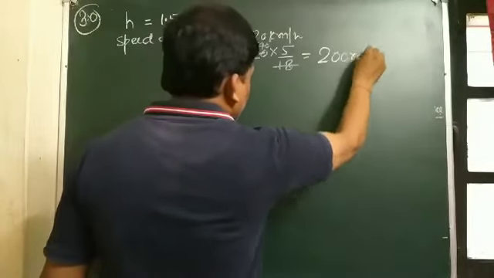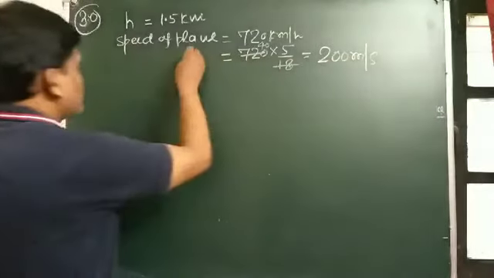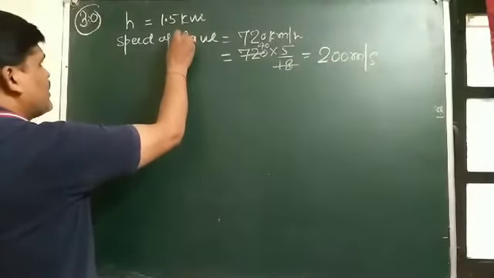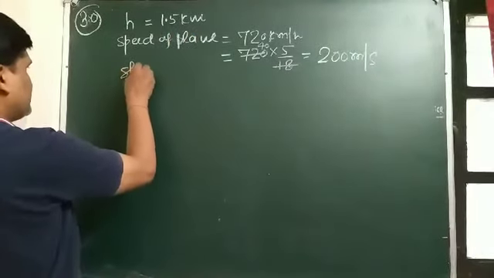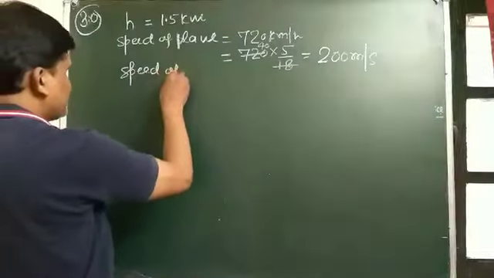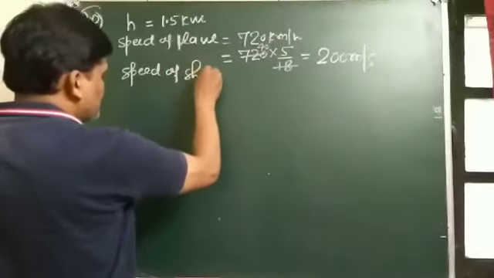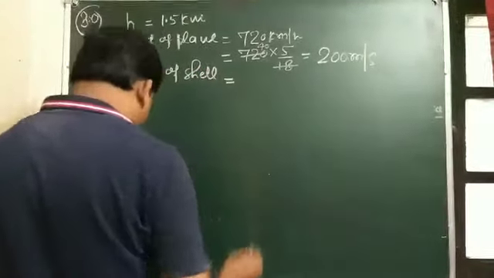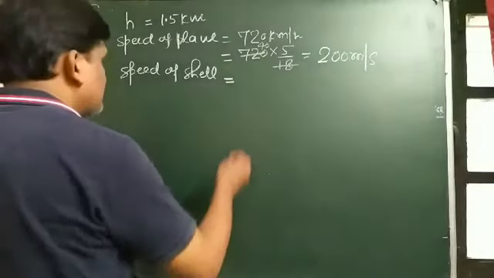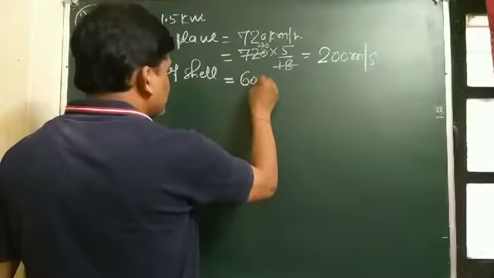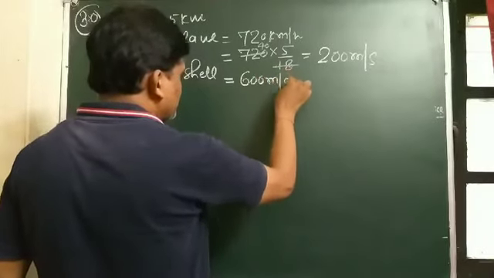So the speed of the plane which is flying horizontally is 200 meter per second, and the speed of the shell is given as 600 meter per second.